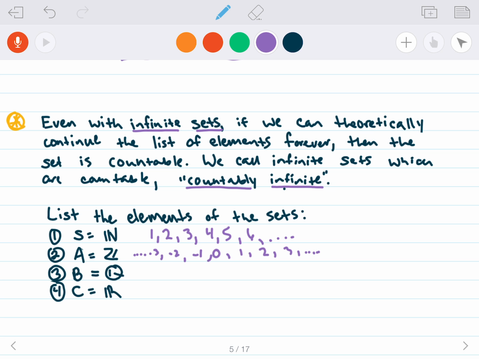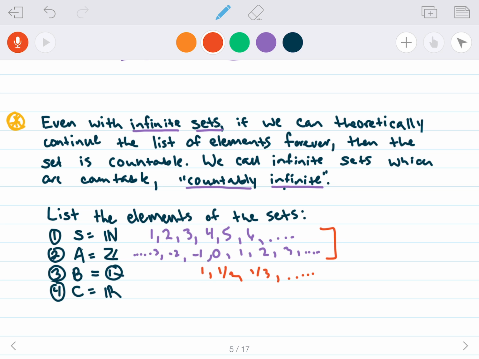Now the last countable set that I'm going to mention on this slide is the rational numbers. I'm going to prove this towards the end of the lecture, that the rational numbers are actually countable as well, countably infinite. And even though the lists may not be as nice as these lists, we can still theoretically list all of the elements from Q. We can say, well, there's 1/1, there's 1/2, there's 1/3, and so on.